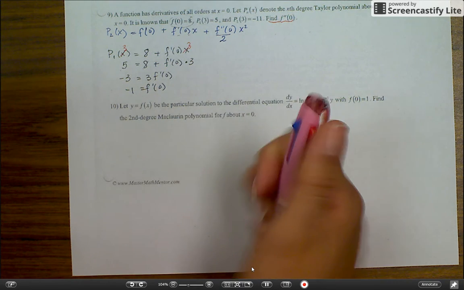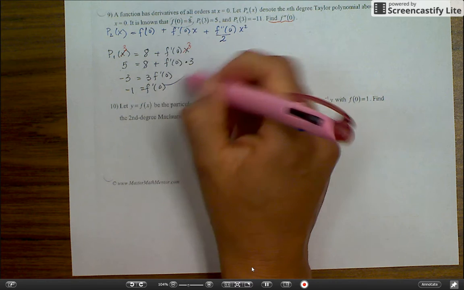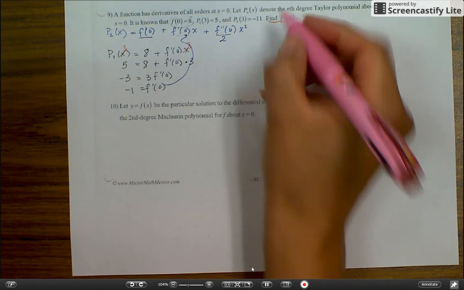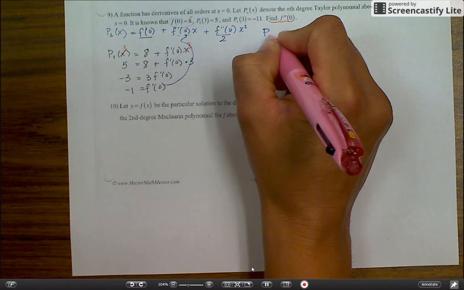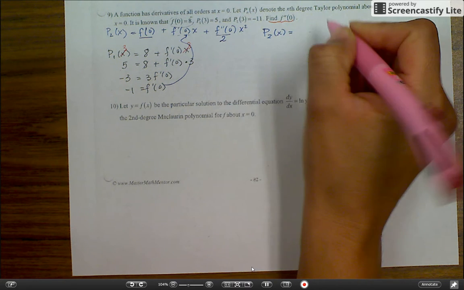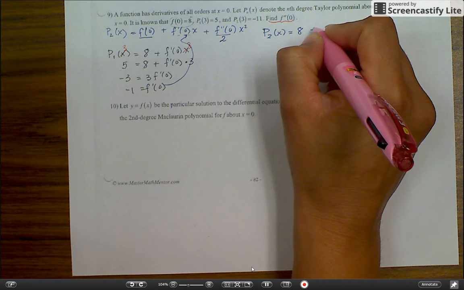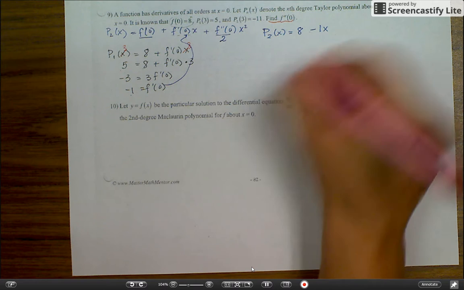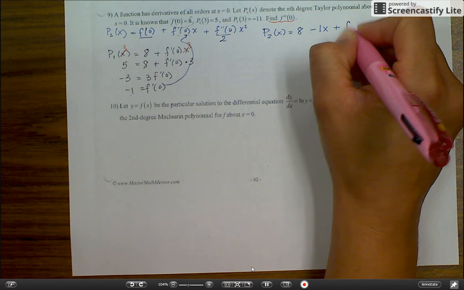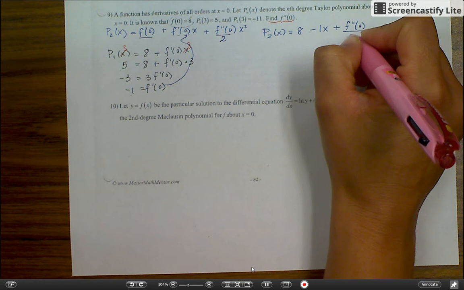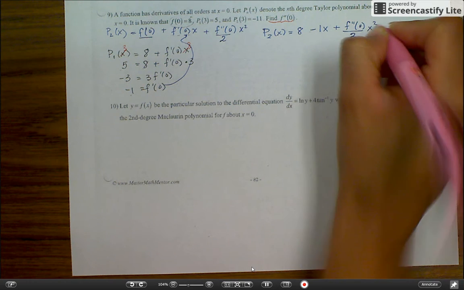So now I can take this value and substitute it into here. And I know this one already. So if I go back to the second degree polynomial, I've got 8 minus 1 x to the first power plus the second derivative evaluated at 0 divided by 2 x to the second power.